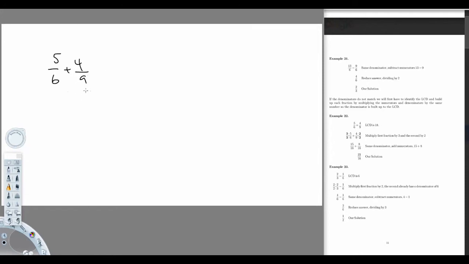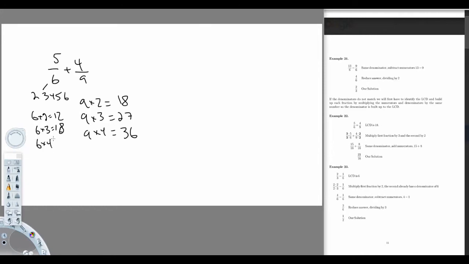So the trick is, if I took 9 times 2, 9 times 3, 9 times 4 equals 18, equals 27, equals 36. Now if I did 6 times 2 equals 12, 6 times 3 equals 18, 6 times 4 equals 24, 6 times 5 equals 30, 6 times 6 equals 36.